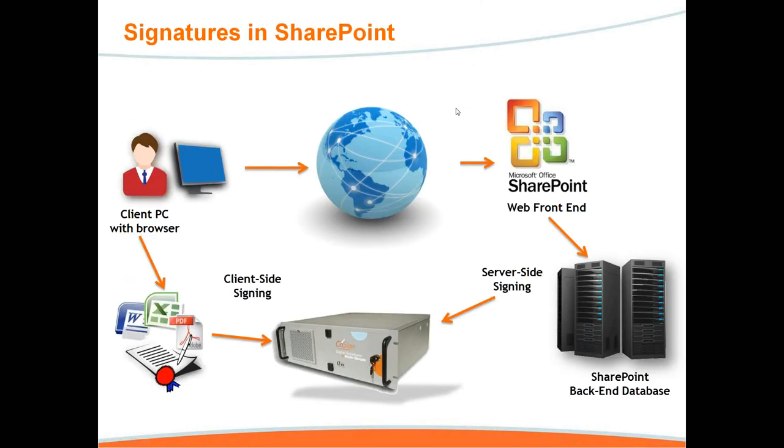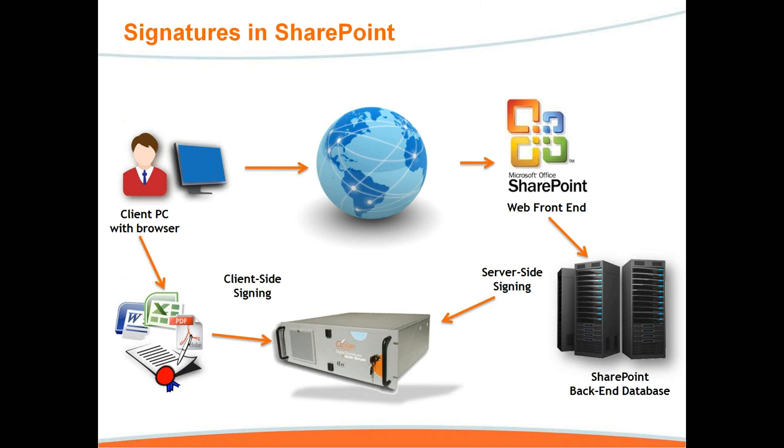Okay, so let's start. As you can see, my first slide talks about how you enable digital signatures in SharePoint. There are two ways to do that. One way, which we call side-by-side, is having our software installed on your client machine, and then signing a document, for example a PDF or a Word file, using this software, and then uploading this document into SharePoint.